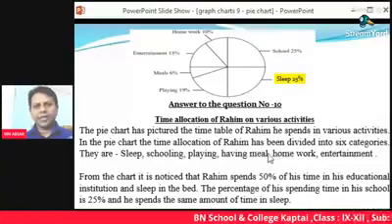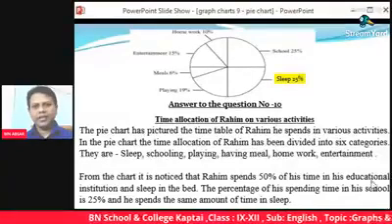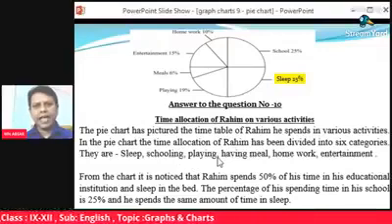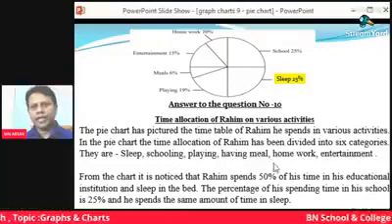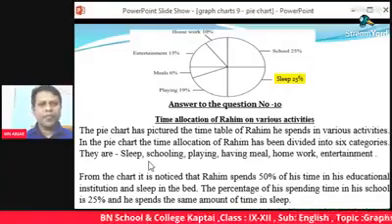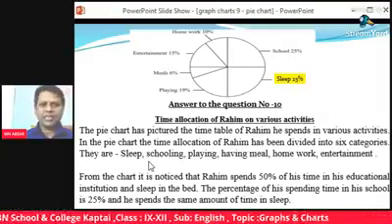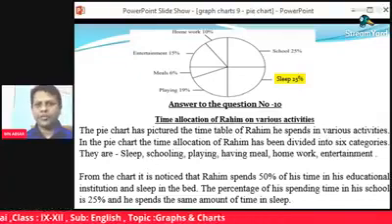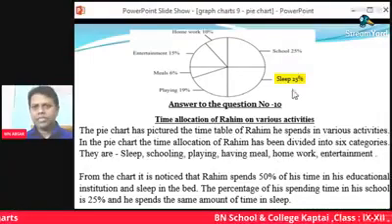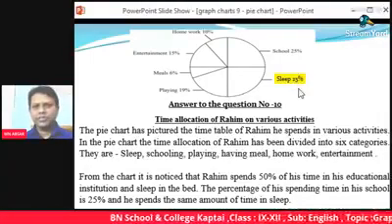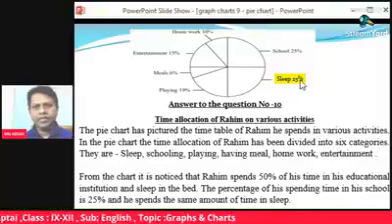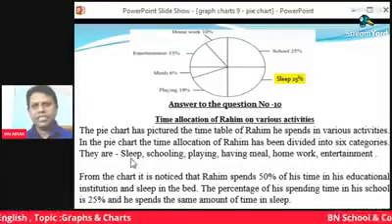You can explain one by one, and they are sleep, schooling, playing, having meal, homework, entertainment. I have not memorized this one. I have just written from your pie chart. That one has been given in the question paper. Look, sleep 25%. That means he spends time for sleeping. That's why I have written here sleep, schooling.